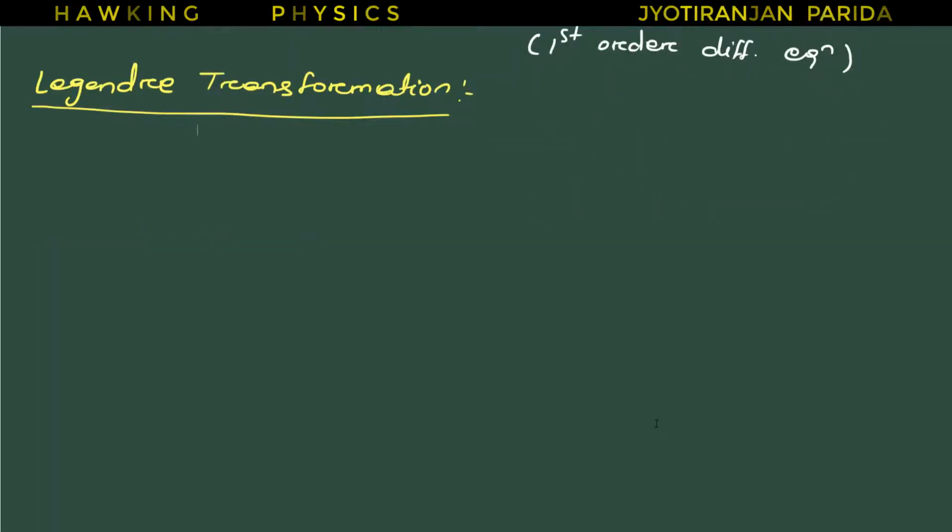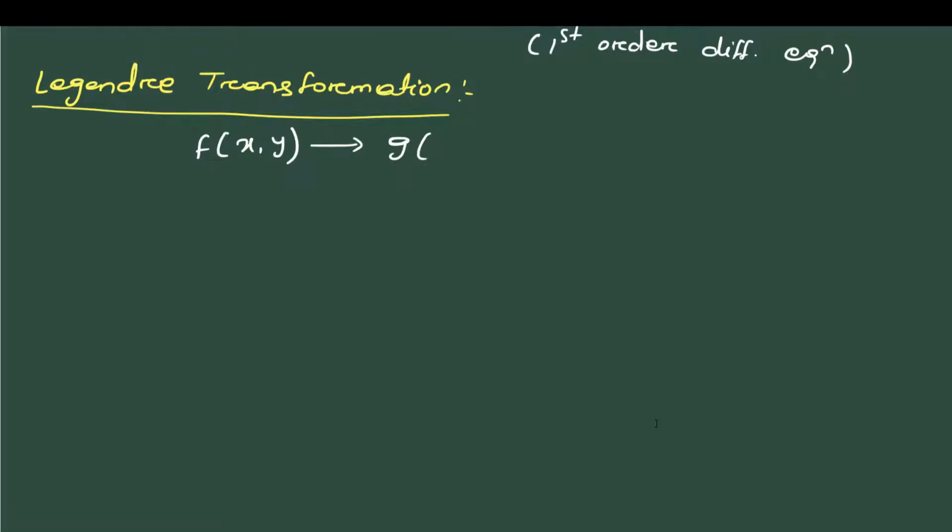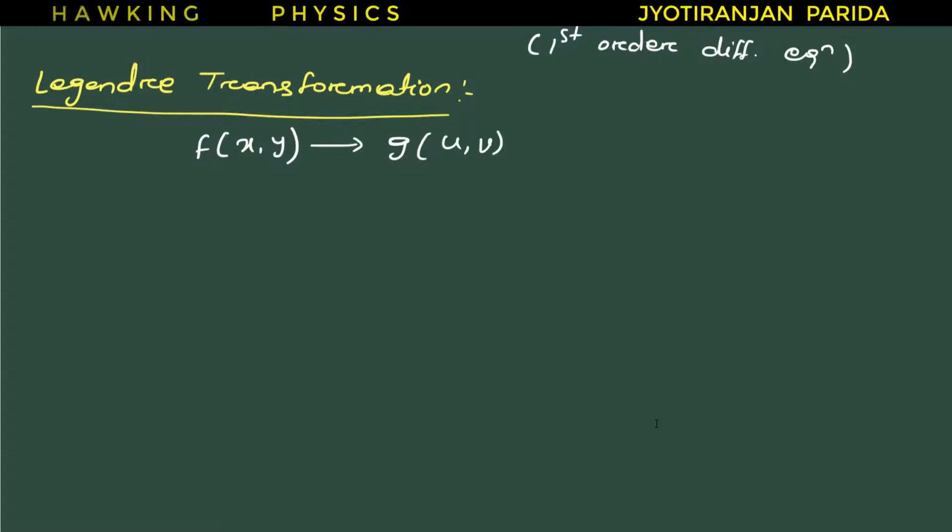Just see. Suppose we have to transform a function f having variables x and y to a function g having variables u and v. Okay, let's see how we can transform. Then g of u, v can be written as f of x, y.